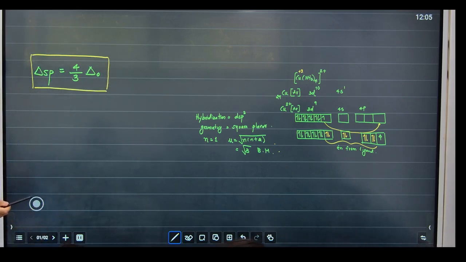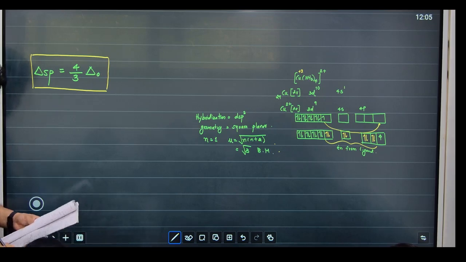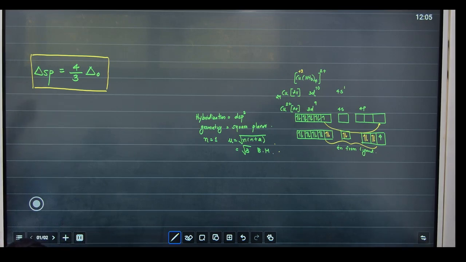People, I had missed a point. We have written the relation between the splitting energy in tetrahedral and octahedral, but हमने square planar का relation लिखा नहीं था. So please copy this relation. जहाँ वो जो tetrahedral का लिखा था उसके बाजू में आप कॉपी कर सकते हो.